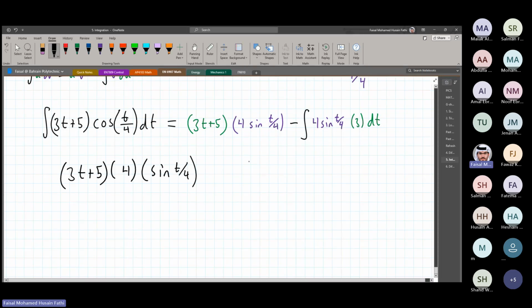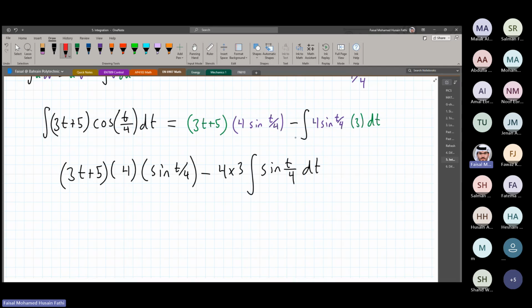Minus 4 sine, here if you can see we have 4 and 3, we could just multiply them and put them outside: 4 times 3 sine t over 4 dt, because these are constants. Because they're constants, we can take them just outside and multiply them. Okay? So, yeah, and that's it. We now can just simplify the equation and solve and find the final answer.